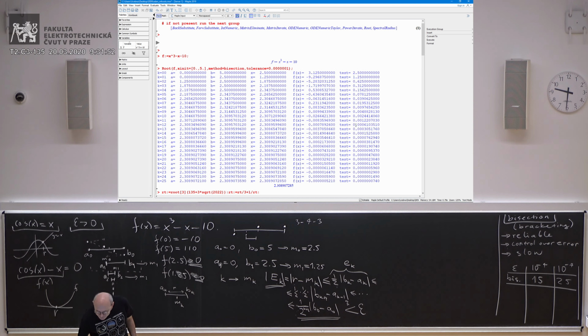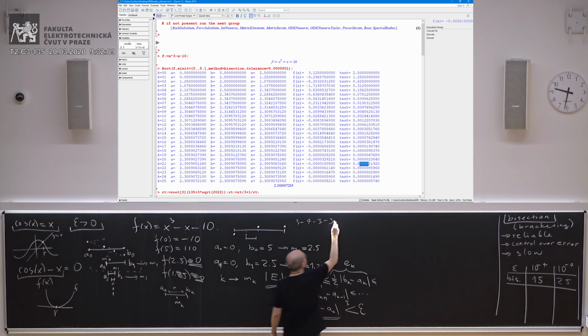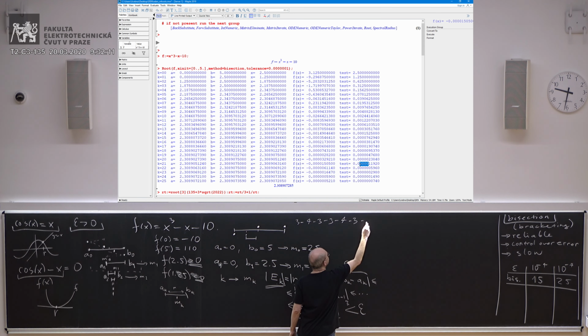So we stop here. 3 digits, 3 digits, 3 digits. That's okay. Then 4 digits, 1, 2, 3, 3 iterations again. And then I look here and I get 1, 2, 3, 4 iterations for the next digits. And then 3, and so on.